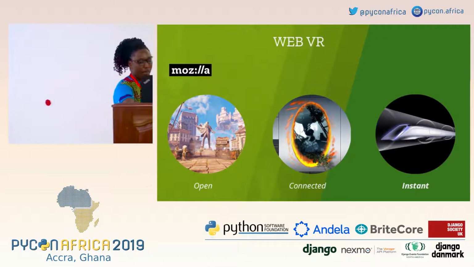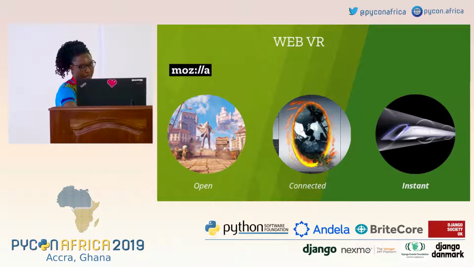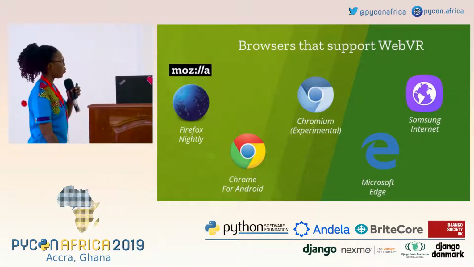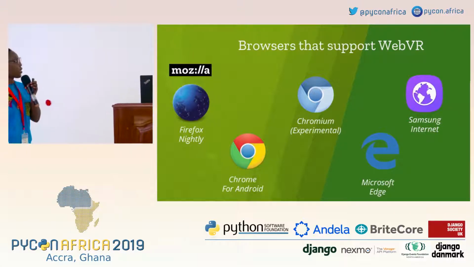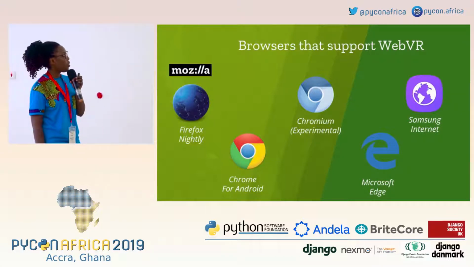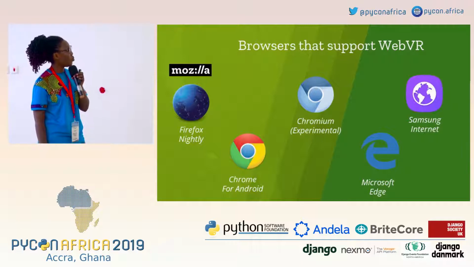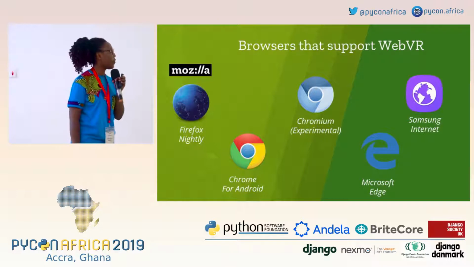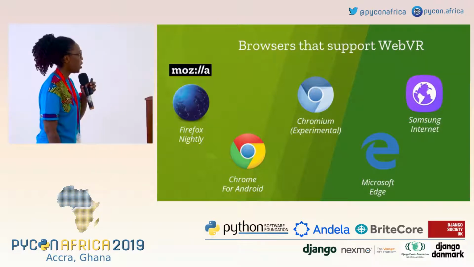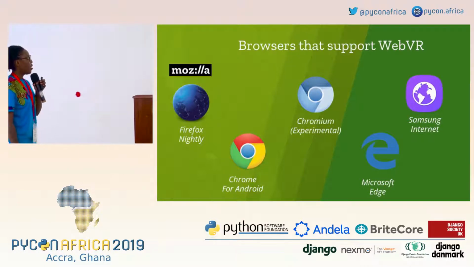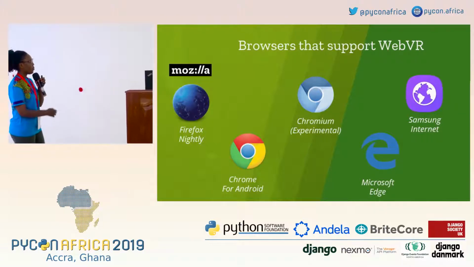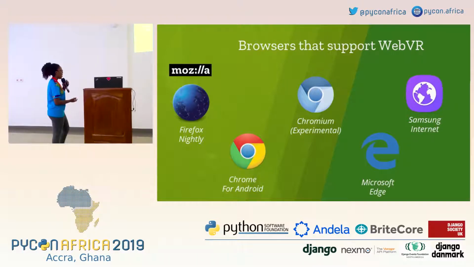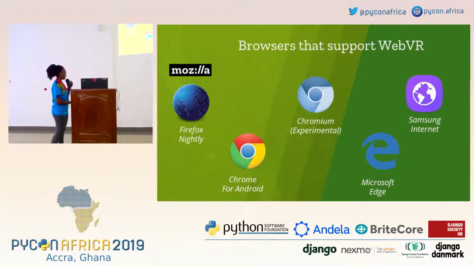So I'll go right out to explain the browsers that we firstly used as Mozilla when we were carrying out this project of WebVR. One of the first browsers used to deploy WebVR was Firefox 90, in 2015, and it came about to also be able to use other browsers like Chrome, Chromium, and Microsoft Edge, and all the other browsers.